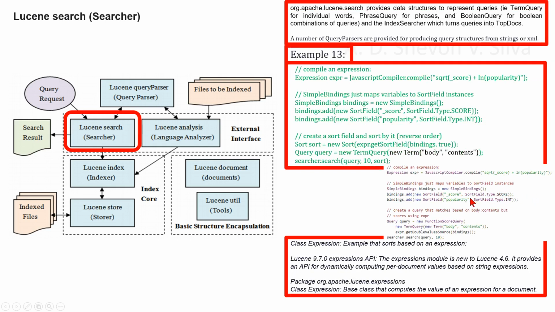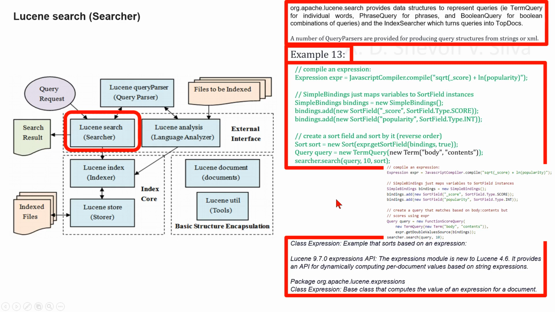Now we are considering class Expression. The example that sorts based on an expression. The Lucene 9.7.0 expression API. The expression module is new to Lucene 4.6.